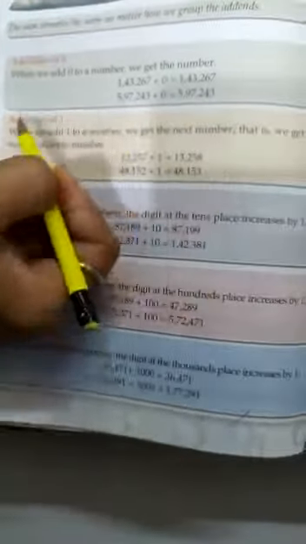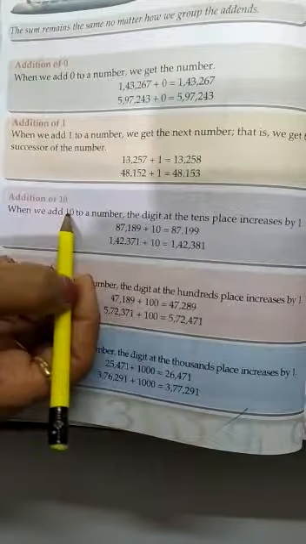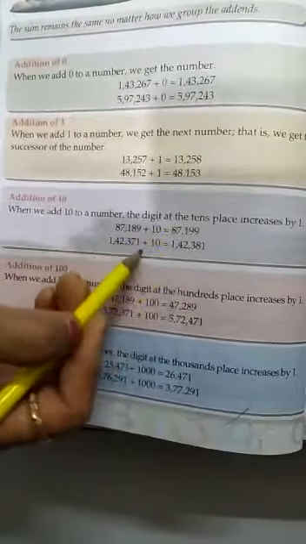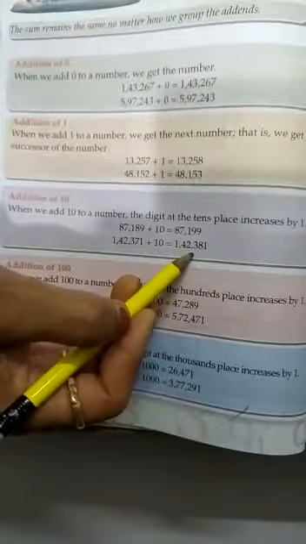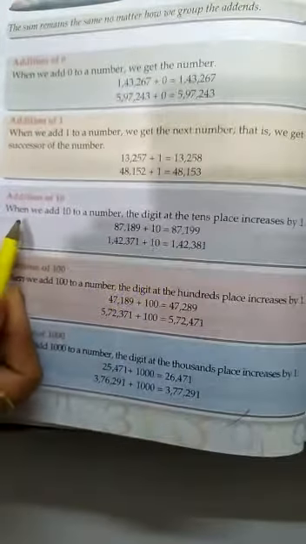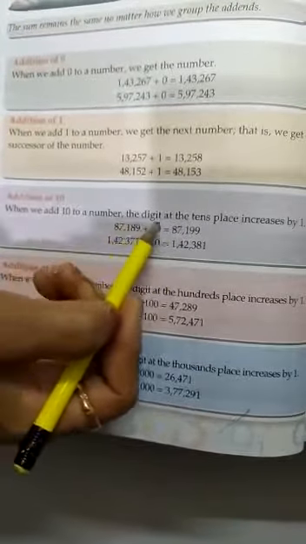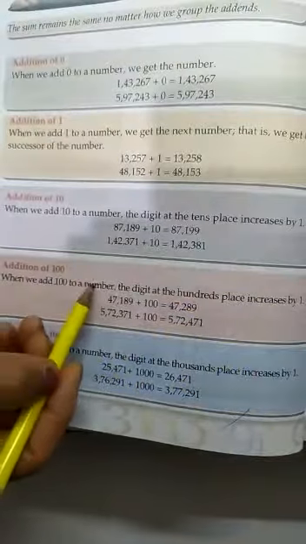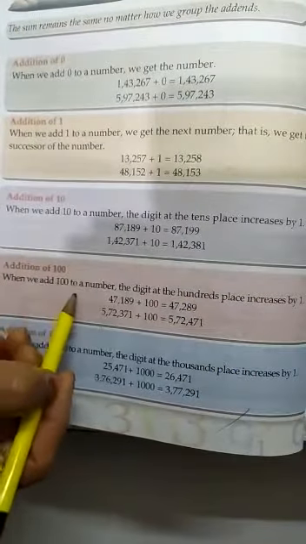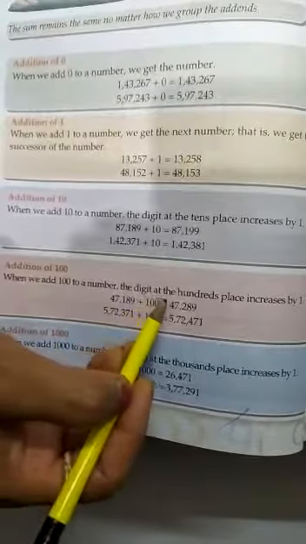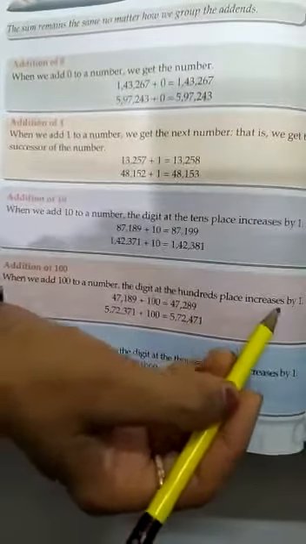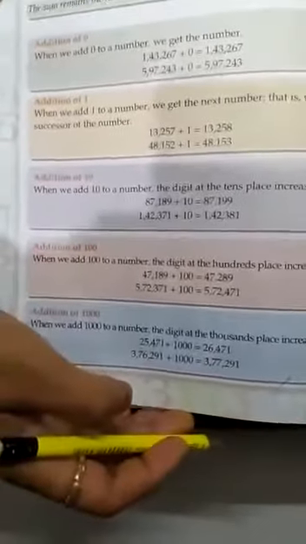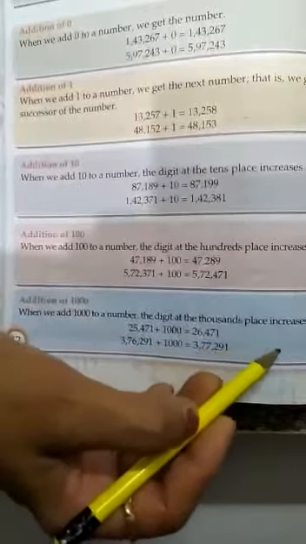Now addition of 10: when we add 10 to the number, the digit at the tens place increases by 1. Addition of 100 means when we add 100 to a number, the digit at the hundreds place increases by 1. Same here, addition of 1,000 means the digit at the thousands place increases by 1.